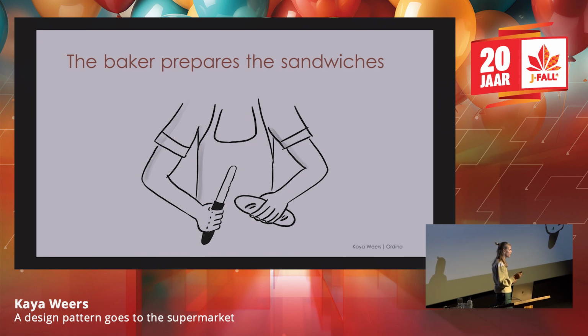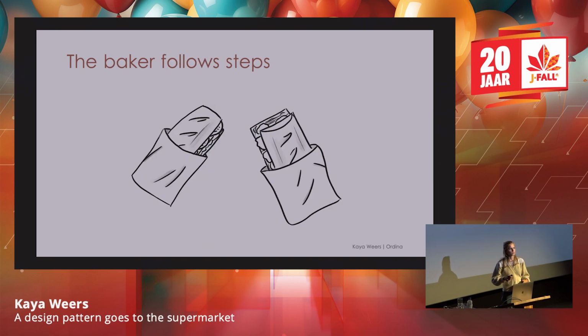So they see that the baker follows a couple of steps. So even though the result is really different and the breads have different ingredients, a lot of the steps are the same. So the baker first cuts the bread, then puts a first layer, second layer, for the chicken sandwich also a topping, and then wraps some paper around it and gives it to the customer.